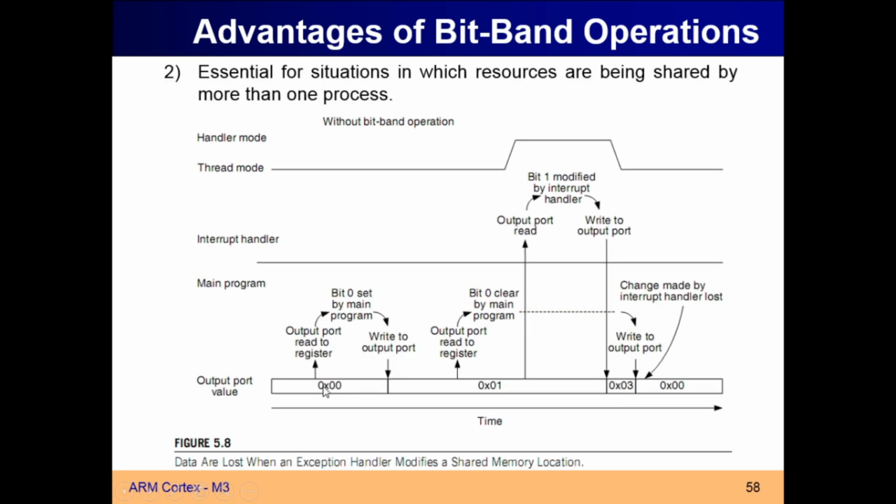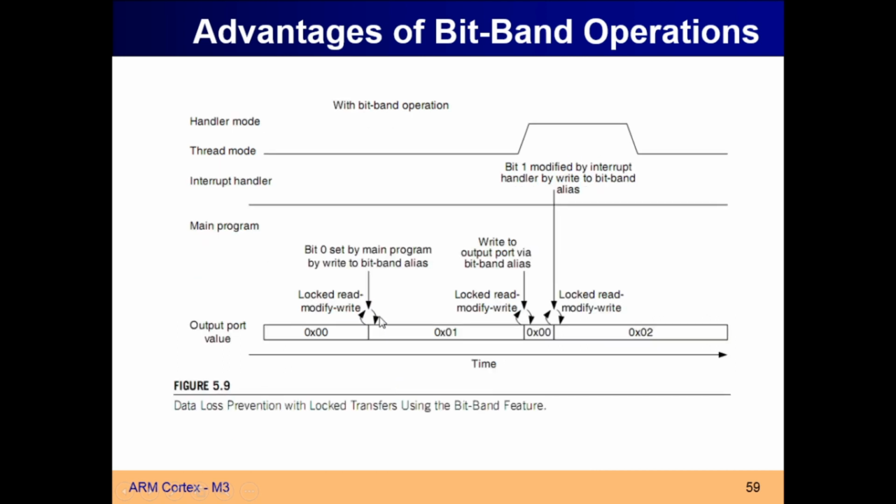In the previous case, the value was read from the port, bit 0 was modified, then it was written back, so the read, modify and write was not atomic in nature. But here, instead of doing that, bit 0 was set by the main program by writing to the bit band alias. Instead of separate read, modify and write, directly that value in the bit band alias region is set as 1 by using the locked read, modify, write. Then the value will be 0x01.